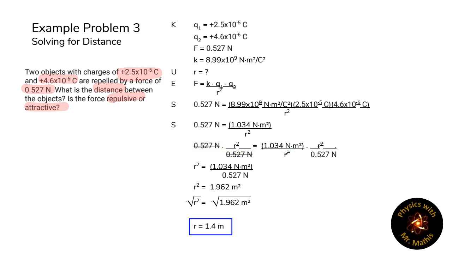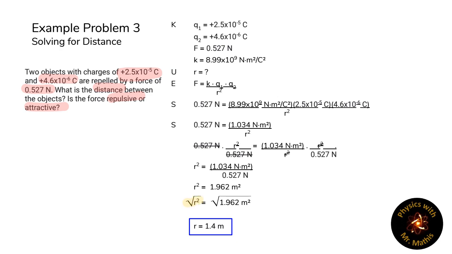After canceling everything out, we can see that we're left with r squared equals 1.034 Newton meters squared divided by 0.527 newtons. If you put that in your calculator, you'll find that r squared equals 1.962 meters squared. The last thing we have to do is unsquare the r. We have r squared, but we're trying to find r.